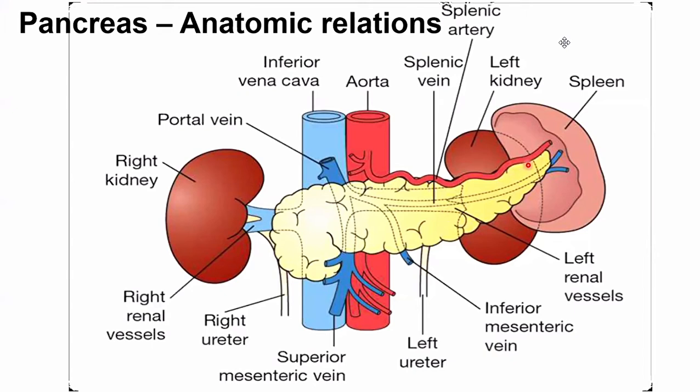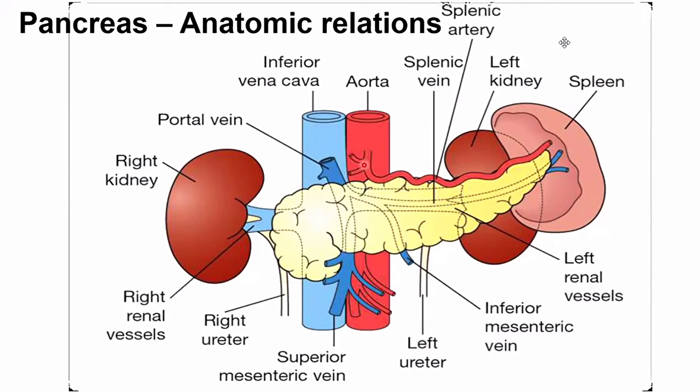Again, the tip of the pancreatic tail extends up to the splenic hilum. And di ba I mentioned the celiac trunk, celiac artery? This is the celiac trunk or celiac artery. This gives off the major blood supply for your stomach, spleen, liver, and pancreas.